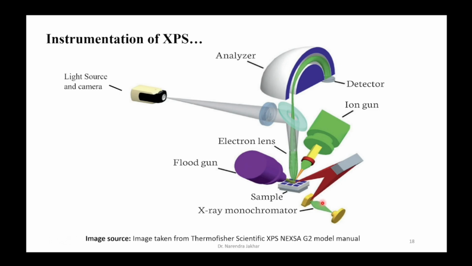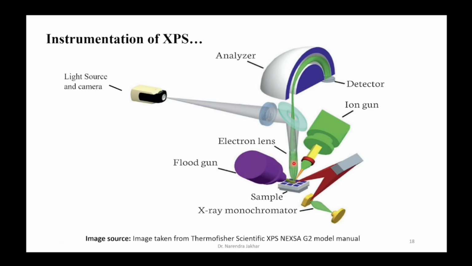And here is our X-ray source, and this X-ray source emits X-rays which are not monochromatic in nature. So here we use monochromators, and after this monochromator, these X-rays are reflected to the sample surface, and when X-rays fall on the sample surface, they eject electrons.